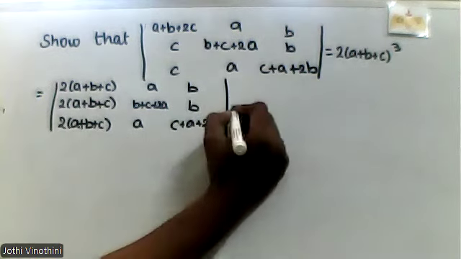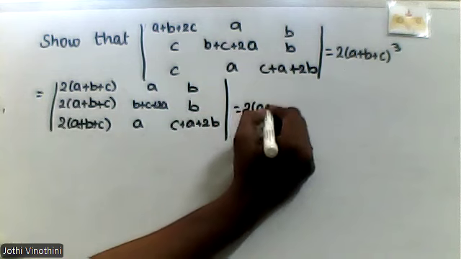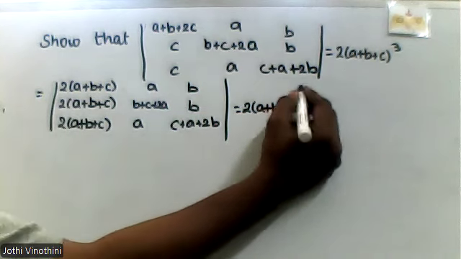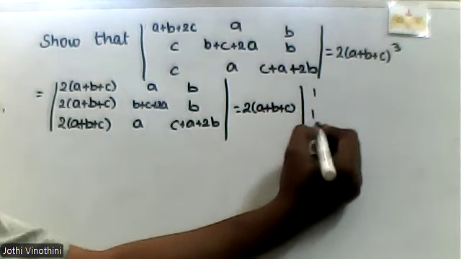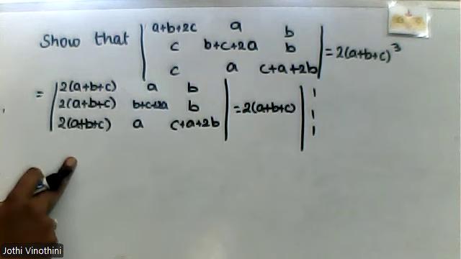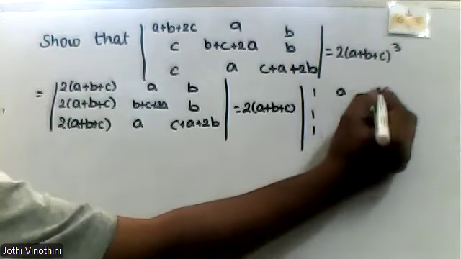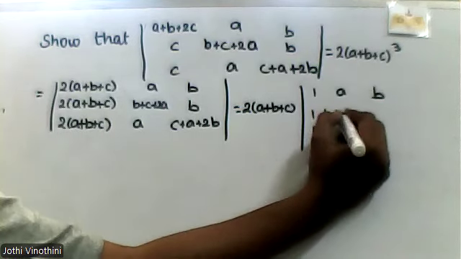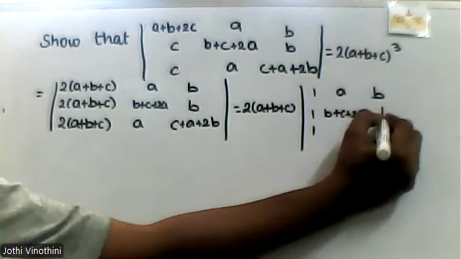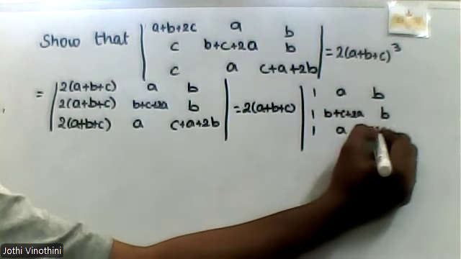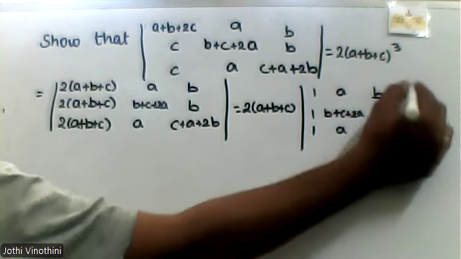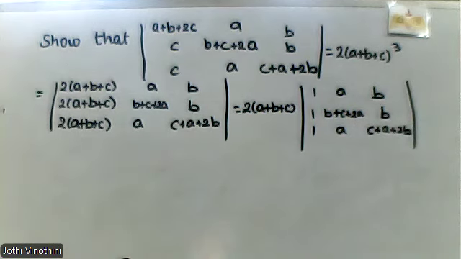So it becomes 2 multiplied by (a plus b plus c) outside. The remaining elements are 1, a and b; 1, b plus c plus 2a, b; 1, a, c plus a plus 2b. Clear?